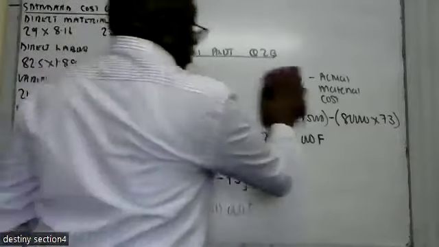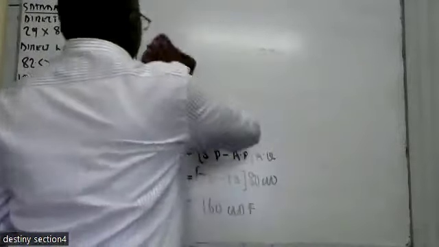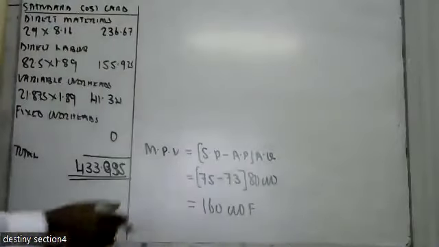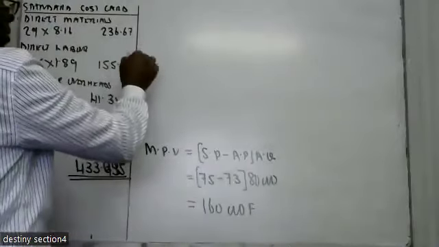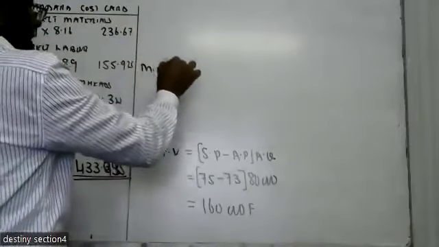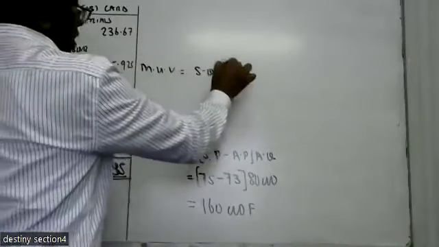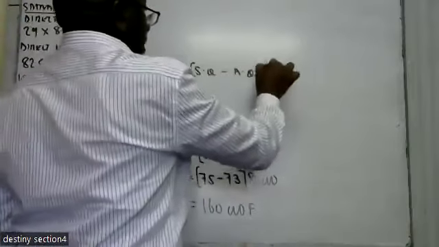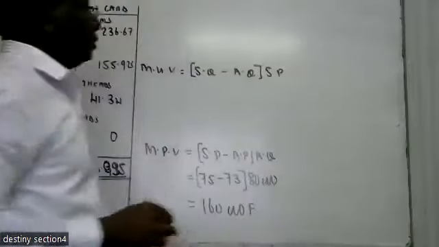Material usage. Materials usage variance should be standard quantity minus actual quantity, you multiply by standard price.